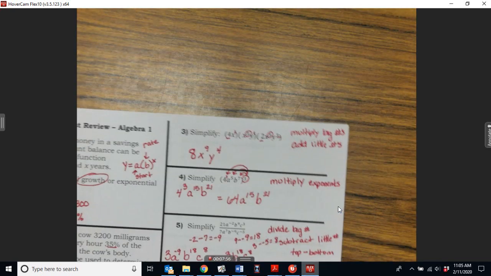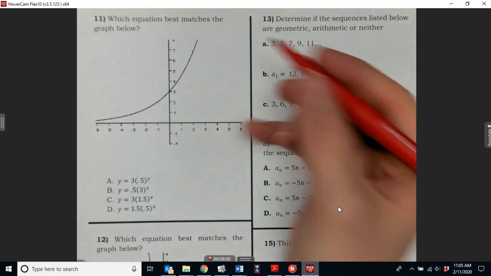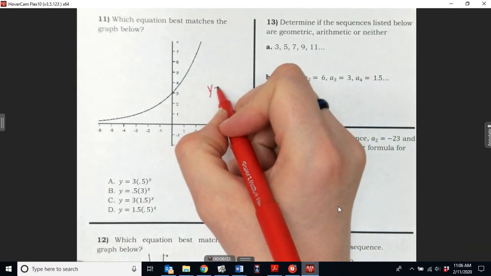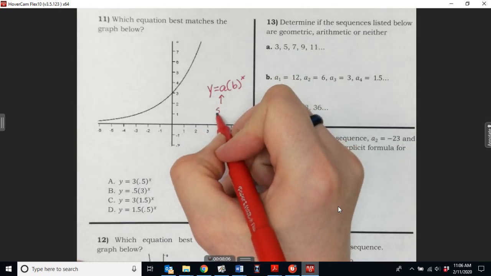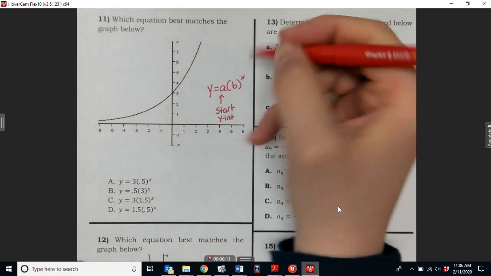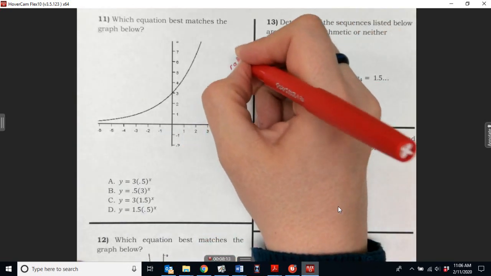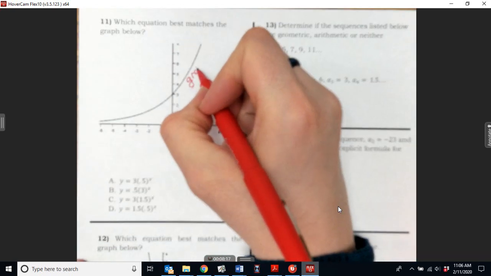All right. Got a couple more questions here. Number 11, remember this equation. This is your start or your y-intercept. And then this is your rate. And here my graph is growing.